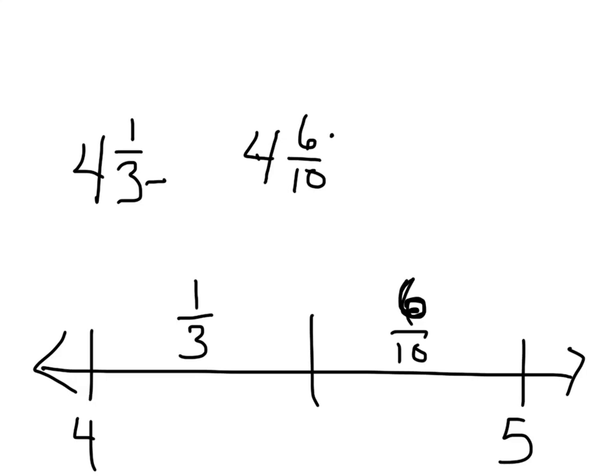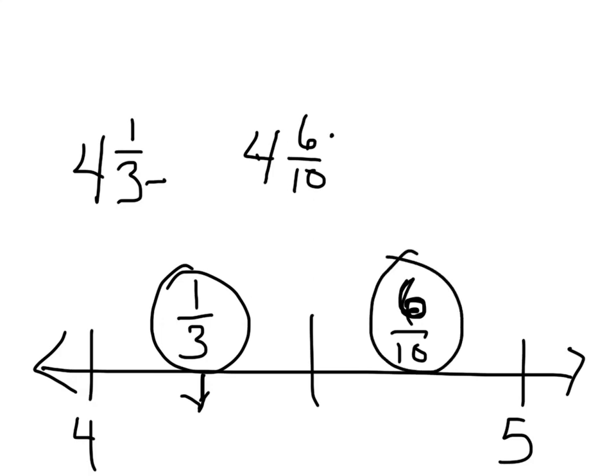So it looks like 4 and a little bit would be down here. It looks like 4 6/10 would be up here, closer to 5. So this is the greater fraction, right? Greater than. Because 6/10 is more than 1/3, right? So when the whole number is the same, you just look at the fraction.